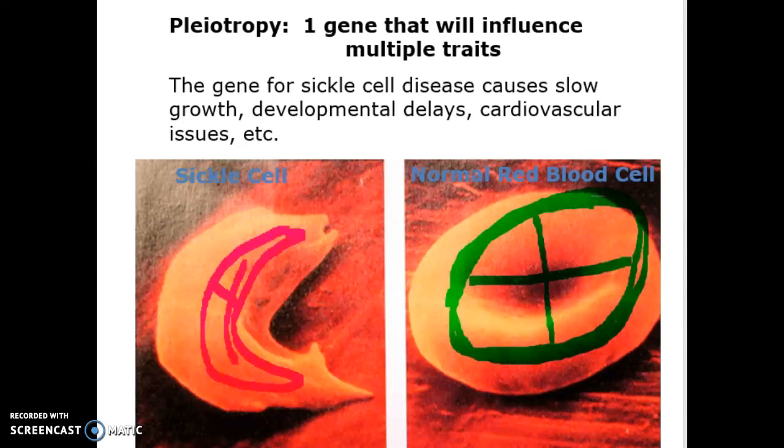You have growth issues, developmental issues, clogged arteries, heart issues, blood issues, and sometimes death because these blood cells don't move through the bloodstream very easily. So that is an example called pleiotropy, in which we have one gene that will influence multiple traits.